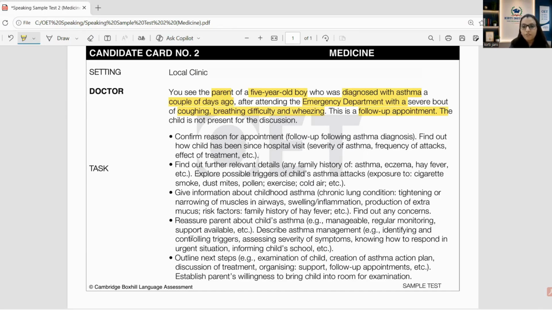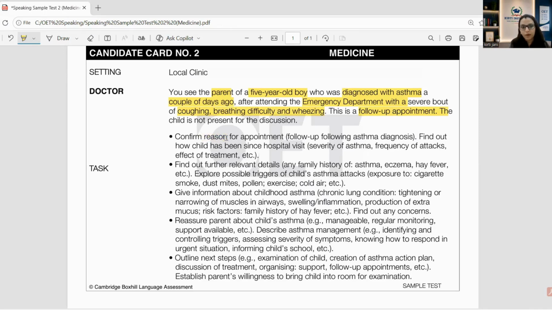Like confirm, find out, explore, give information, find out, reassure, describe, outline, establish. This helps you to understand what exactly you are going to do in each task. But from my perspective, more relevant is what to confirm, what to find out, what to explore. And that is exactly what we are going to highlight or underline.